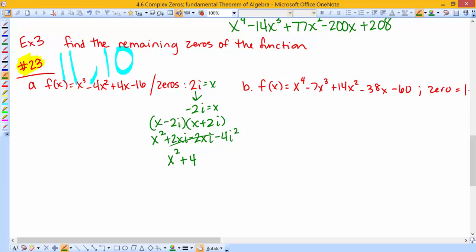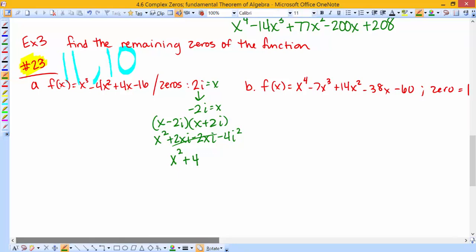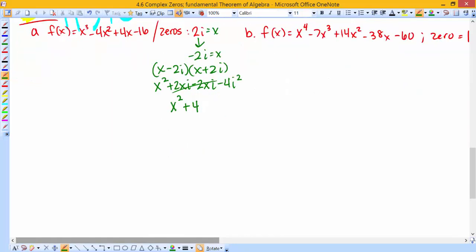I can now take this factor. This is a factor. I can't use synthetic with it because it's a quadratic factor. It is not a linear factor. I'm going to use long division with this. Long division can be used with any polynomials. They don't have to be linear. So since the x squared plus 4 is one of my factors, I'm going to divide by x squared plus 4.